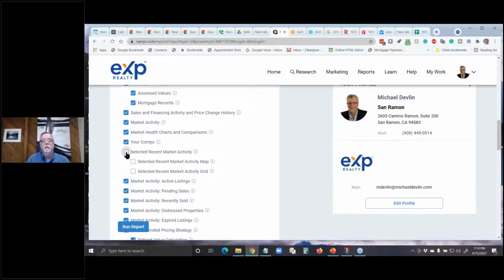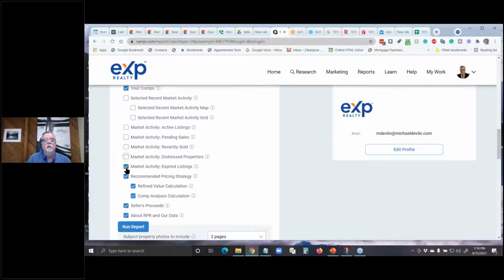You see that? Now what that is, is random properties that RPR has found in the zip code that have sold. I don't necessarily think we need to include all that, right? Recommended pricing strategy, I usually don't include that either, right?